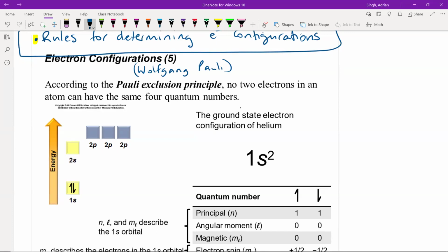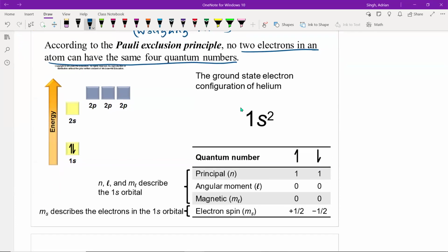According to his principle, no two electrons in an atom can have the same four quantum numbers. That is important because it is the explanation for why we can only have a maximum of 2 electrons in an orbital, and why they need to be oriented in opposite directions.